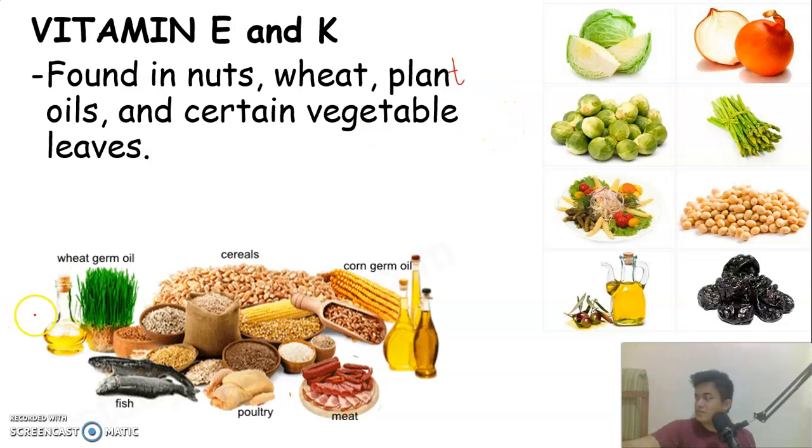So what is the advantage of having vitamin E and vitamin K? For vitamin E, the advantage is this. Vitamin E helps in regulation of antioxidants. Usually for your lungs, vitamin E helps since you breathe every day, right?